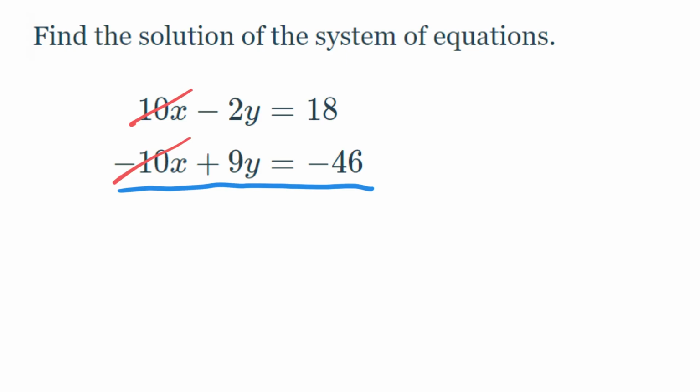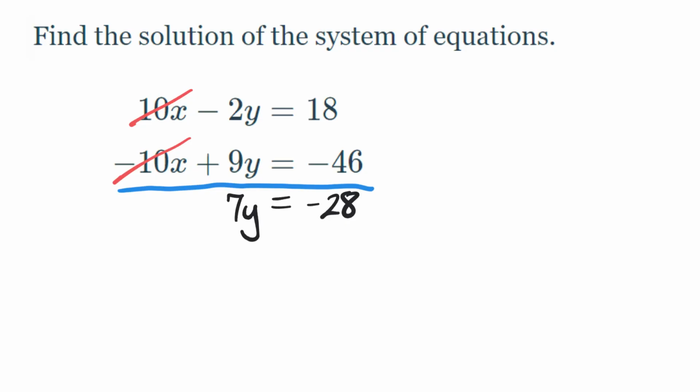Now, if both of your variables happen to eliminate, you have a special case. We'll talk about that on a later date, but ours do not, because we see we have a negative 2y and a positive 9y. So when we combine that, we get 7y. And then we move over to the other side and we add 18 and negative 46, and we're going to get a negative 28.